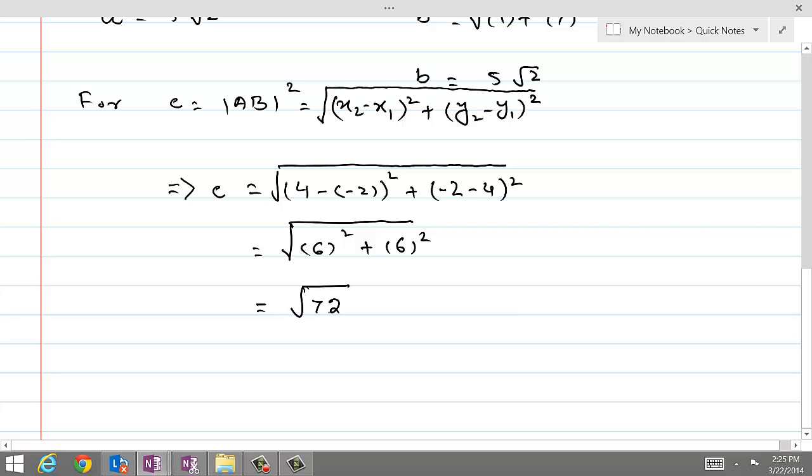If we do the linear factorization of 72, we use a tree diagram, this would be 2 times 36, and this would be 6 times 6, this is 2 times 3, and this 6 is again 2 times 3. So all the linear factors of 72 are 2 times 2 times 2 times 3 times 3.